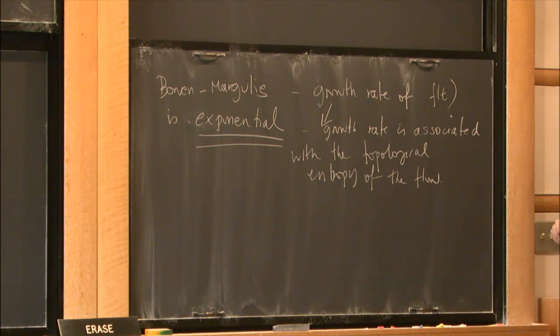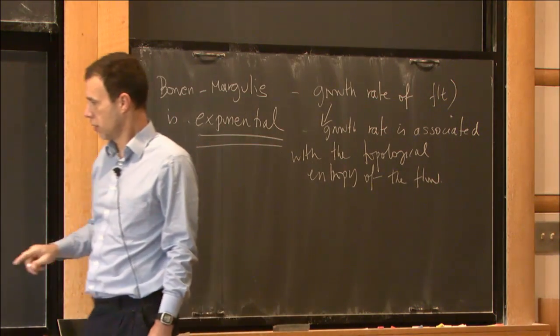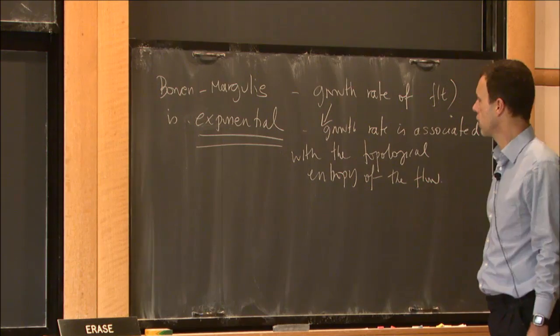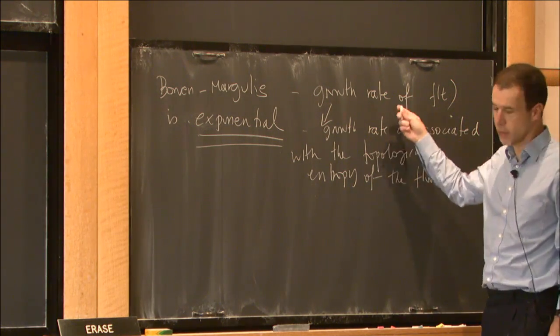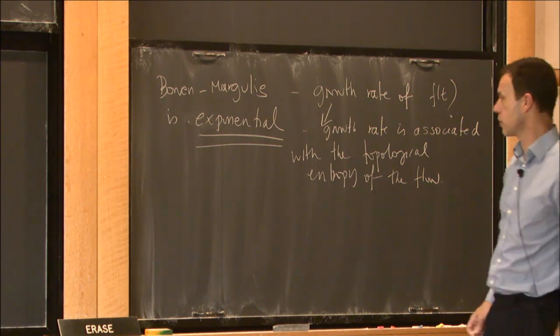And in a lot of cases there are much better estimates, not just the exponential with the topological entropy as the rate, but the asymptotics can be actually quite precise.